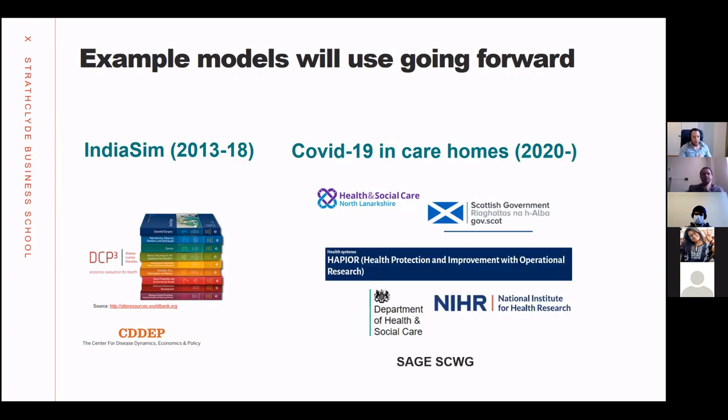Since December of 2020, we've also been advising the SAGE social care working group. SAGE is the Scientific Advisory Group for Emergencies in the UK, and the social care working group is working on care homes and elderly populations, as well as other populations with special needs.